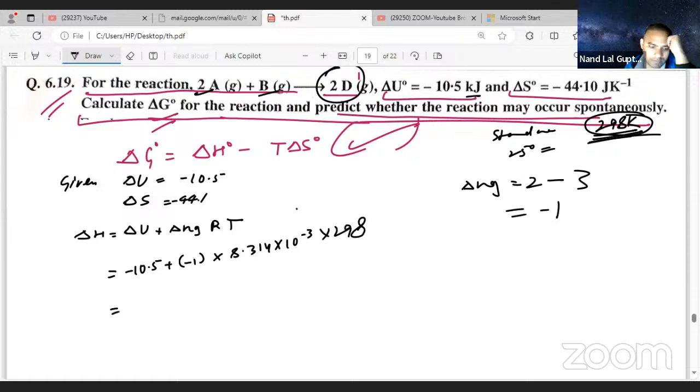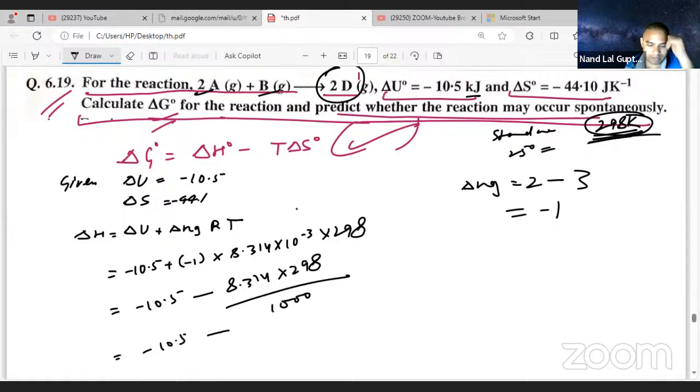Now you solve this one. Minus 10.5, and this whole term will be minus 8.314 times 298 divided by 1000, minus 10.5. This will give some value. You also try to calculate, please.